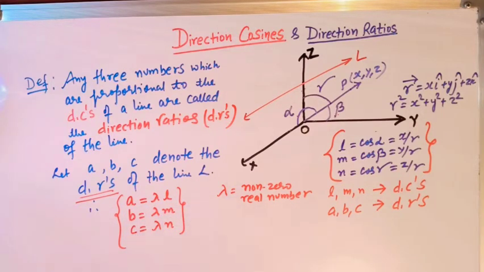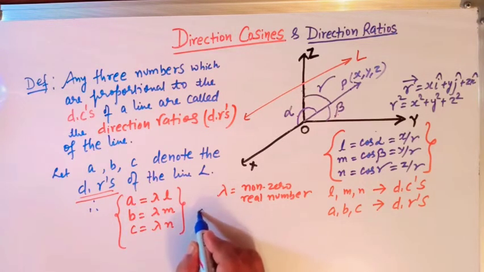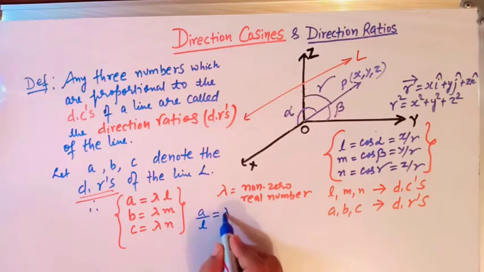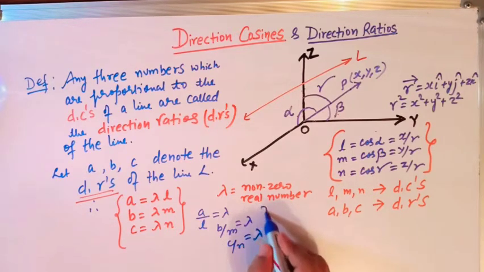Now from here, we can write A by L is equal to lambda. Similarly, B by M is equal to lambda, and C by N is equal to lambda, right? Okay, now viewers, let us find a relationship between the direction cosines and direction ratios.